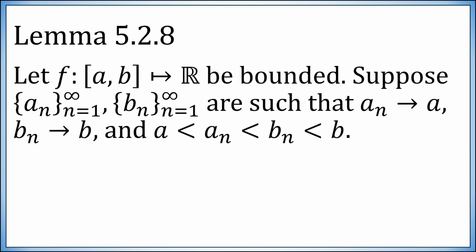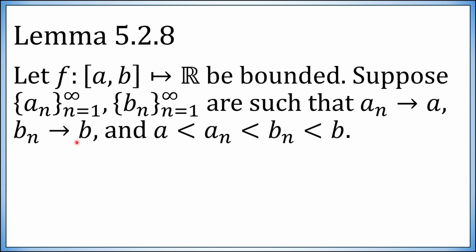So here's Lemma 5.2.8. It's a little technical in its phrasing, but let's take a look. If f is a bounded function from a to b, now we have a sequence a_n and a sequence b_n with the following restrictions. a_n to b_n is always a subinterval of a to b, but the a_n's, the left endpoints here, are converging to a, not necessarily decreasing to it, just converging to it.